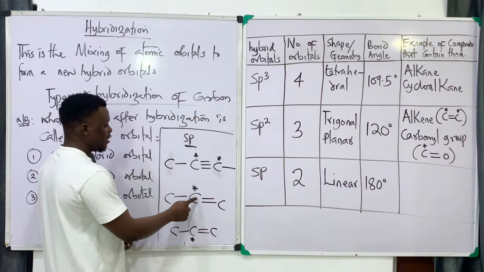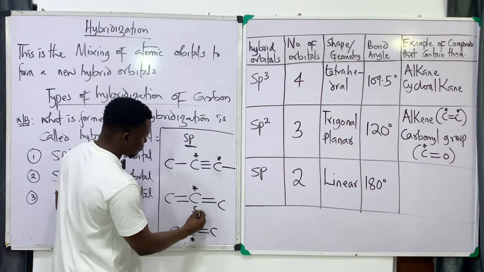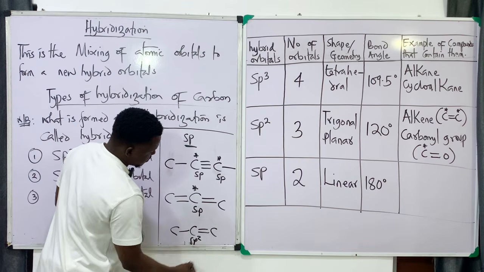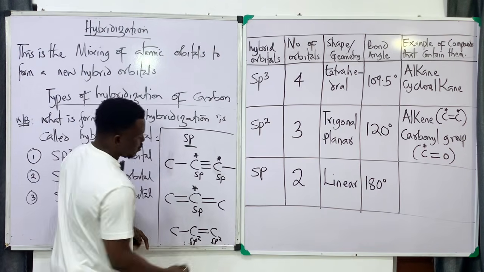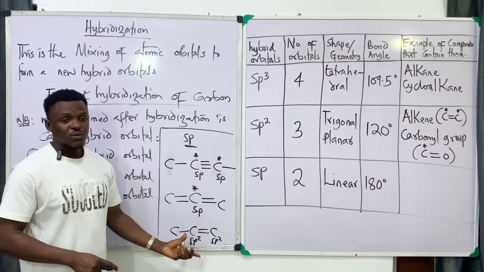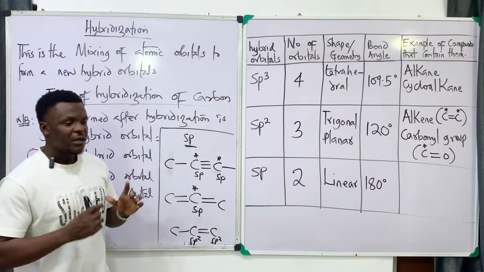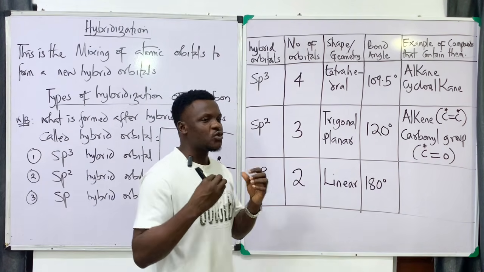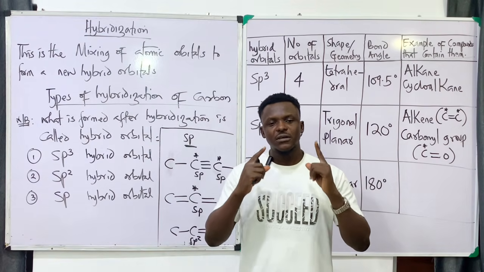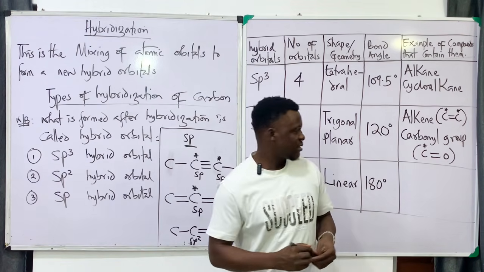So this is actually sp. This is sp, this is sp, this is sp2, and this is sp2. So do not mistake sp for sp2. sp carbon are carbon atoms that have a triple bond attached to them, or a single carbon atom having two double bonds directly attached to it.